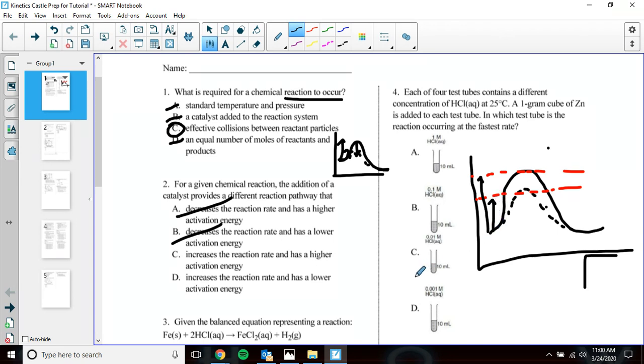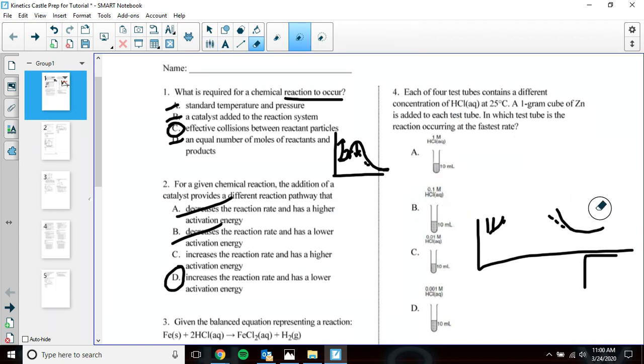And we can see that I've effectively lowered the activation energy by this much, right? I lowered it that much. So I increased the reaction rate and have a lower activation energy. That is the whole reason why the reaction rate goes faster, is that we have a lower activation energy.